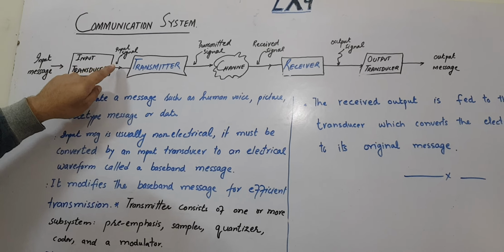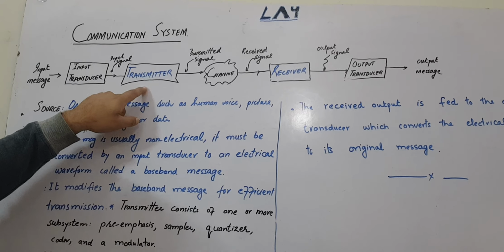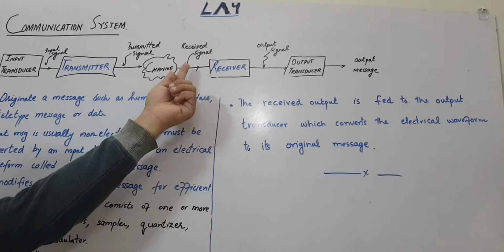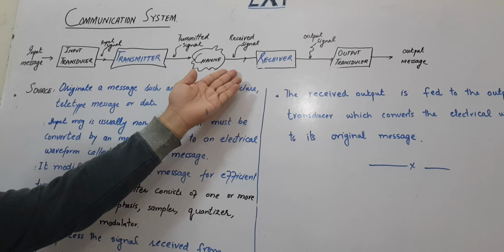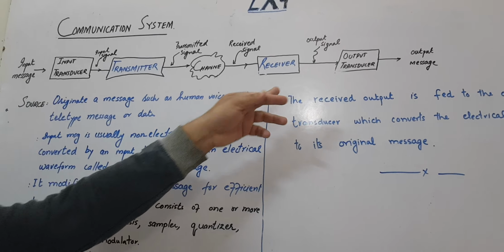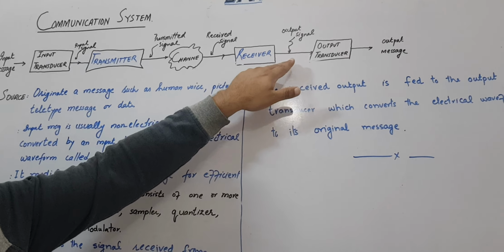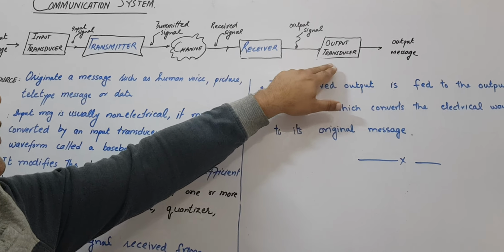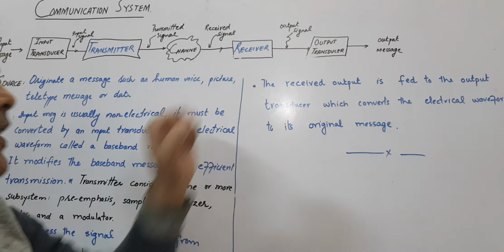The input signal is transmitted to the channel from the transmitter, and from the channel you receive a received signal, and give that received signal to the receiver, so that the receiver can process the received signal, undoing the modifications that have been done at the transmitter and the channel, and then you will end up with the output signal. That output signal is basically the electrical waveform which is given to the output transducer, and the output transducer reconverts the output signal to the output message signal.